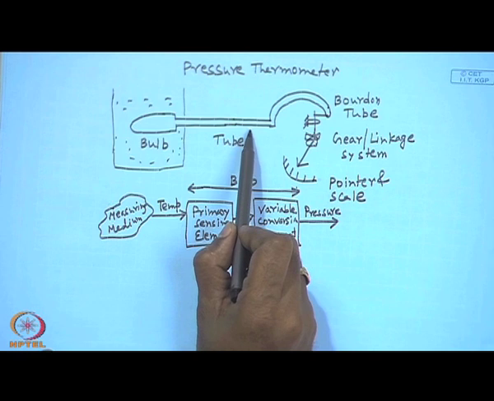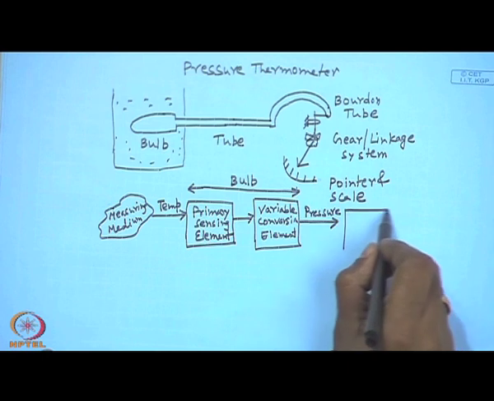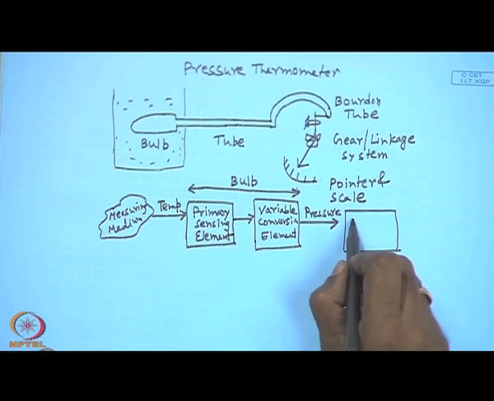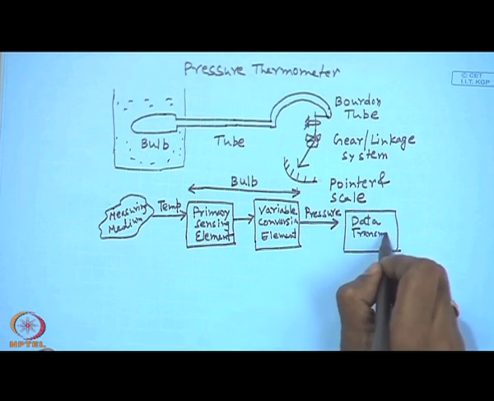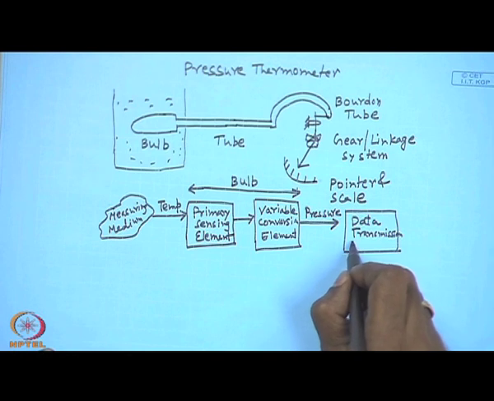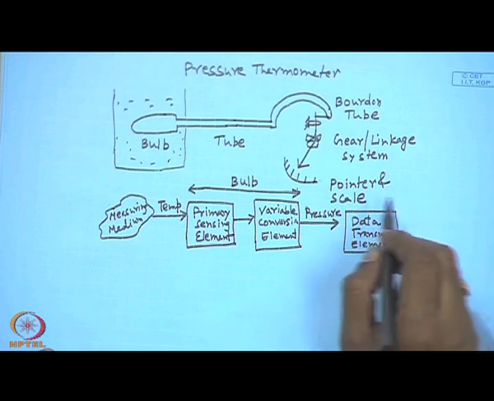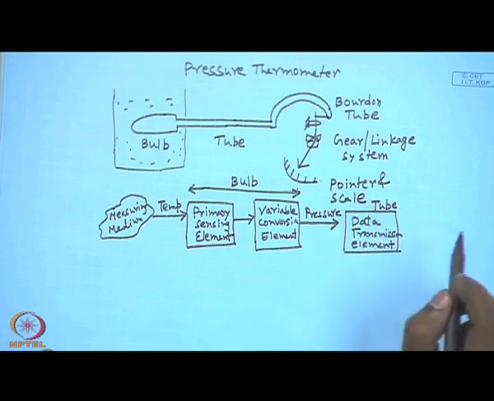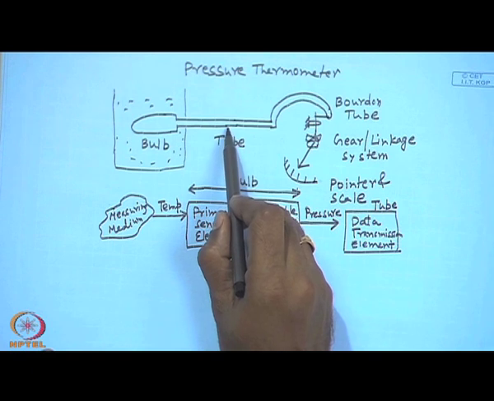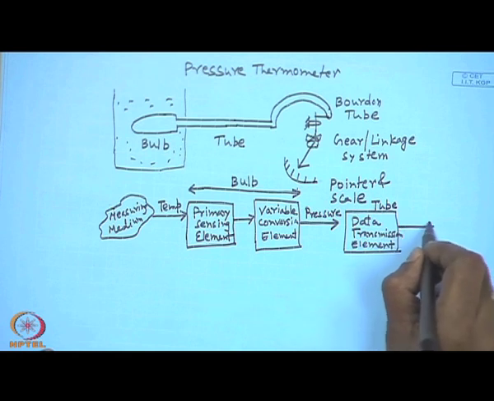So, this tube works as a data transmission element. I am talking about this tube, which is the capillary tube. We still have a pressure signal here.